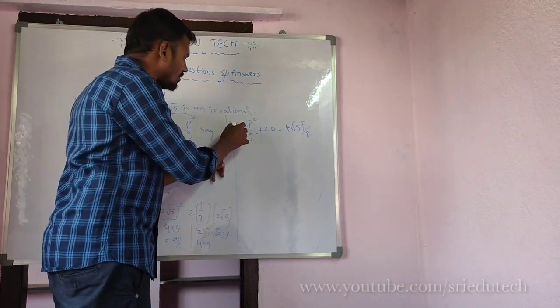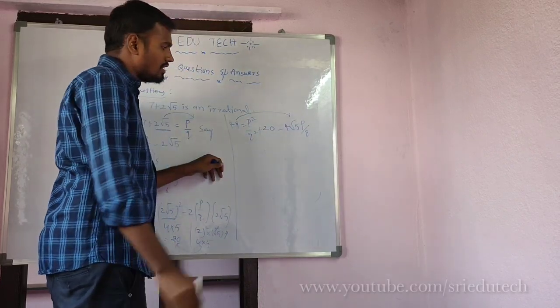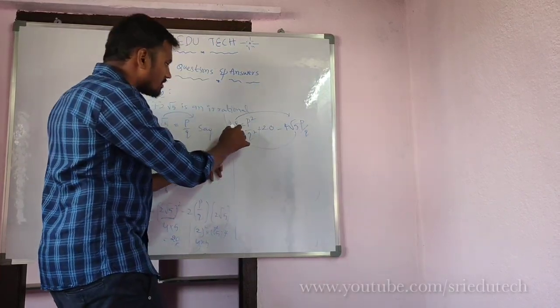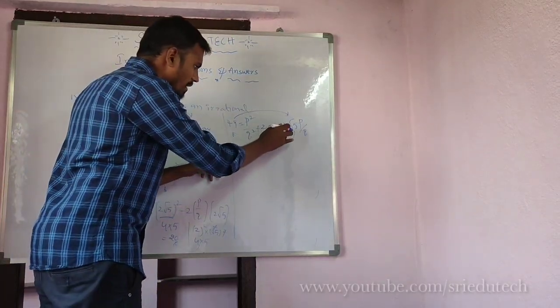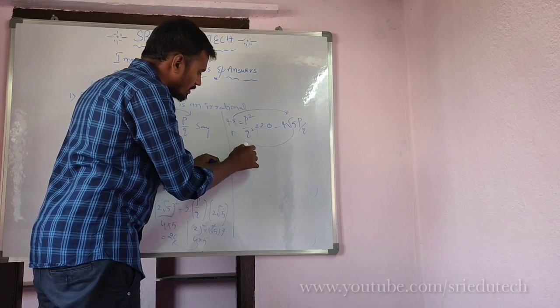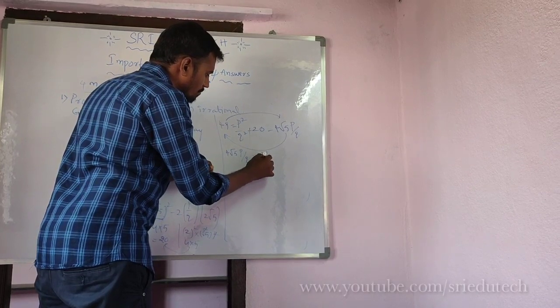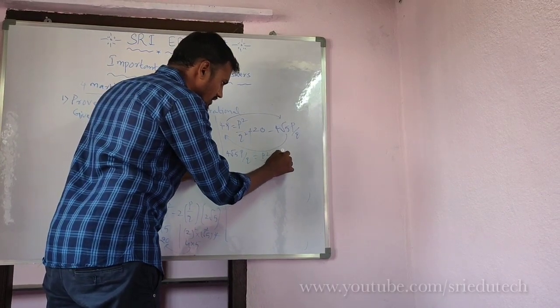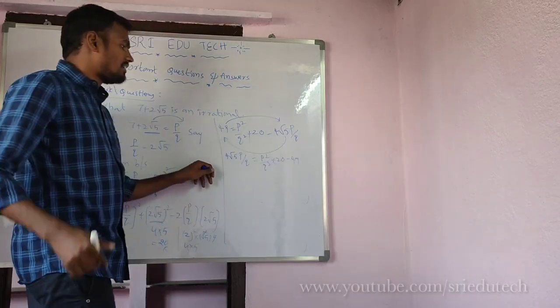Right? So now this 49 transfers to RHS. This 4 root 5 p by q transfers to LHS. See, this minus becomes plus, no? Then 4 root 5 p by q is equal to p square by q square plus 20 minus 49. Right?